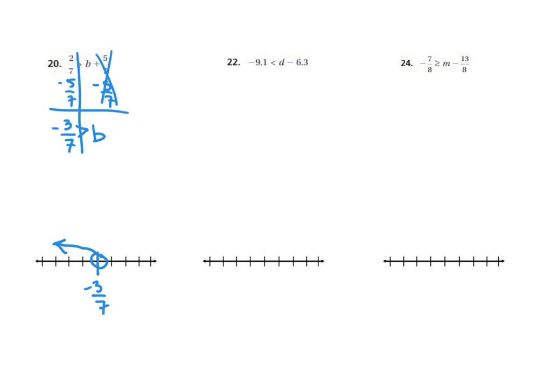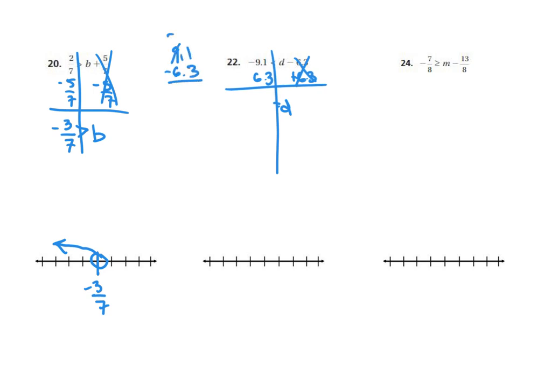For number 22, we will add 6.3 to both sides. Cancels out on the right. On the left side, -9.1 plus 6.3. So we'll do 9.1 and 6.3.